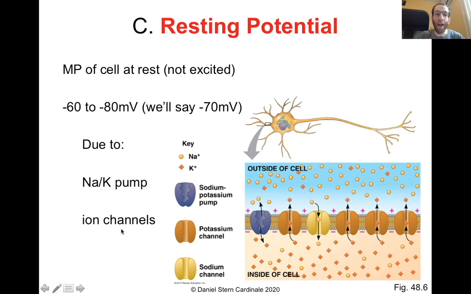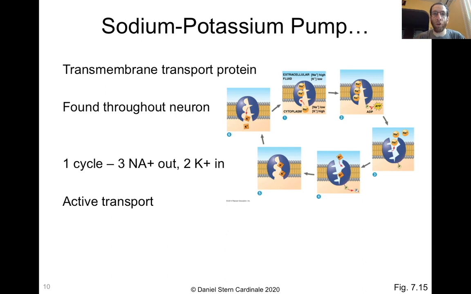And those 2 things together basically drive our membrane potential. So we're going to build the different components that are driving our resting potential of negative 70 millivolts. And then we'll come back to this figure once we've established all the parts and go through all of them all together.